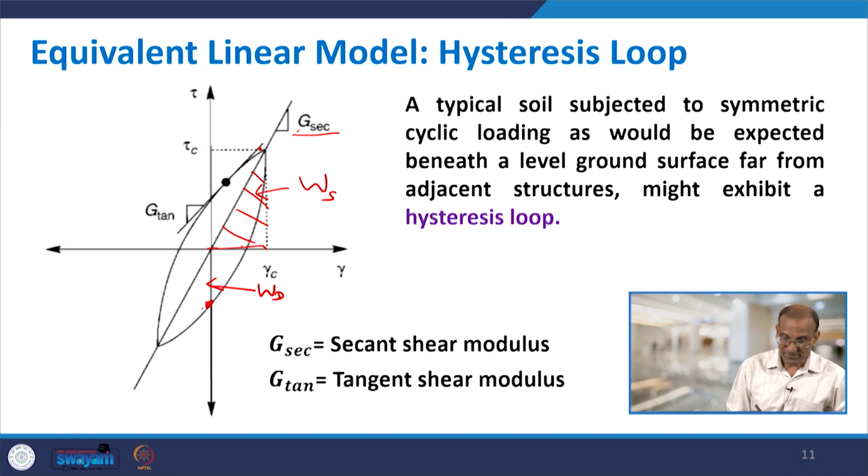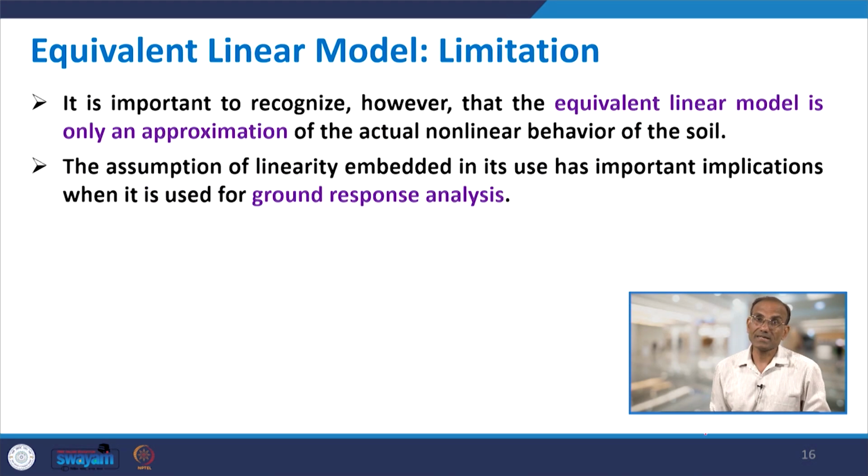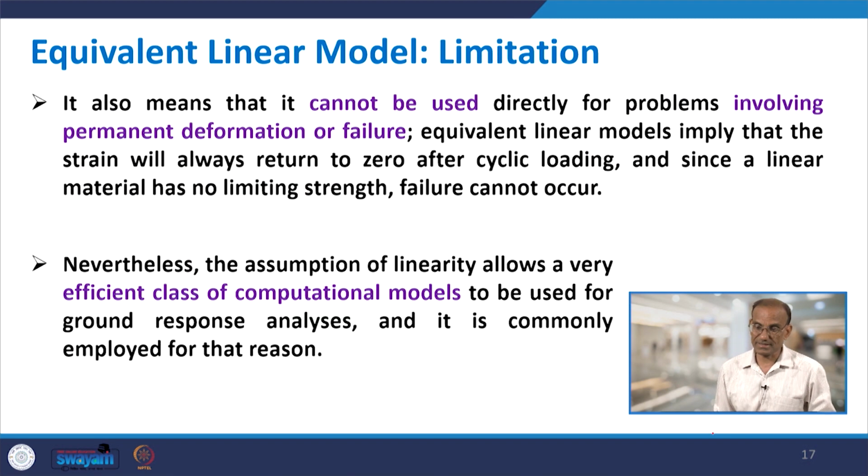Similarly, on this side the stress becomes 0 and the strain is 0 here. So, there will be points in the hysteresis loop where strain becomes 0 and there is no permanent strain. As a result, a linear material has no limiting strength, so failure will not occur, whereas in the field, failure is actually observed. So, they have the limitation that they assume there is no failure.